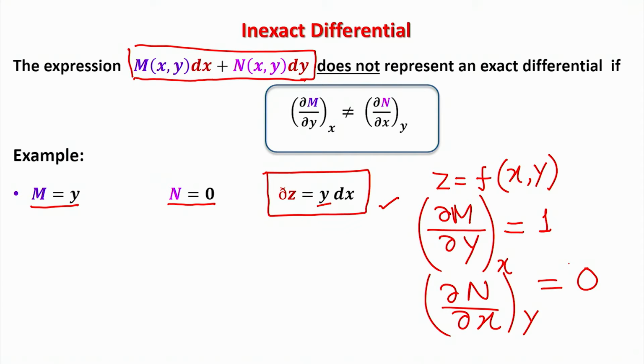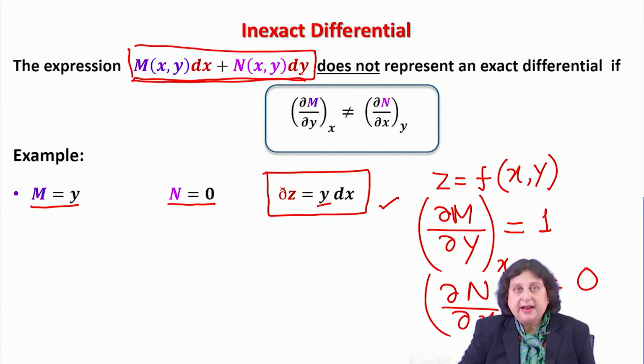And therefore, if I have a differential dz which is equal to y dx, in spite of the fact that it could be written in a functional form like this, it does not satisfy the condition that ∂m/∂y keeping x constant is equal to ∂n/∂x keeping y constant.